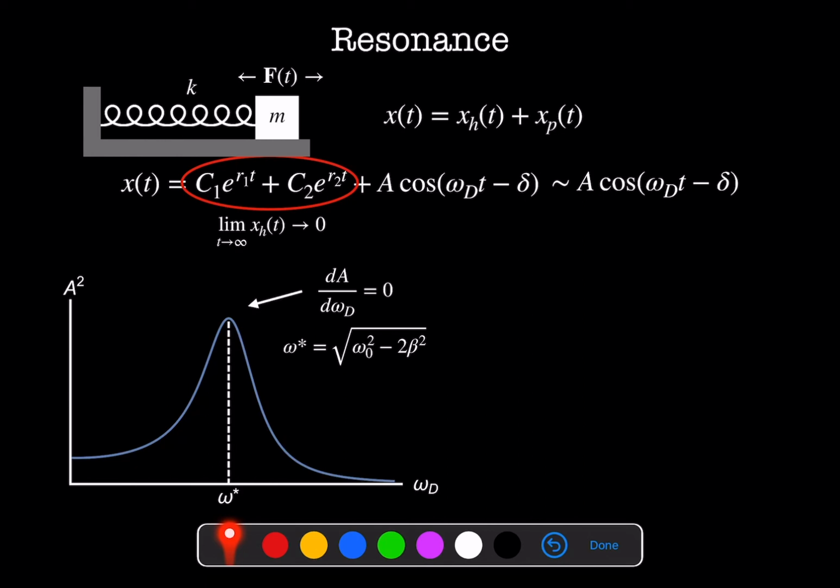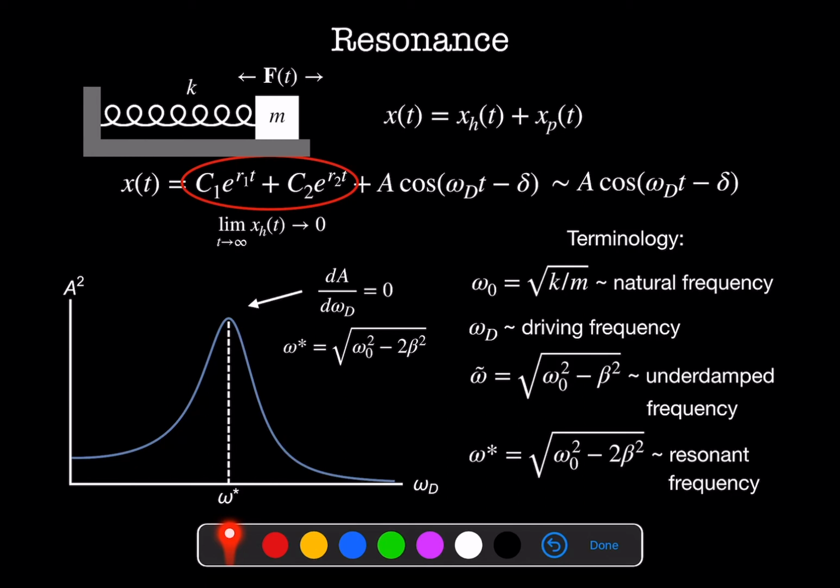So we've introduced a whole bunch of notation here. So let me match the notation up with terminology. Omega naught is our old friend, the square root of k over m. This is the natural frequency of the mass and spring system. Omega_d is the driving frequency. Omega tilde is the underdamped frequency.